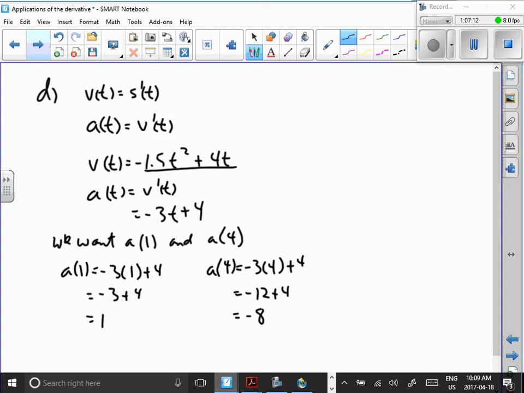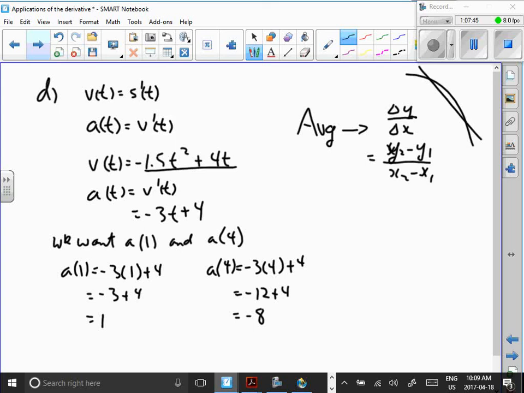On the homework questions, there are questions related to this, and it asks for average velocity. So let me tell you this. If you're looking for the average rate of change, you've got delta y over delta x, or y2 minus y1 over x2 minus x1. You're looking for the slope of a line where you've got 2 points. You might have a curve like this, and you want an average rate of change between those 2 points.